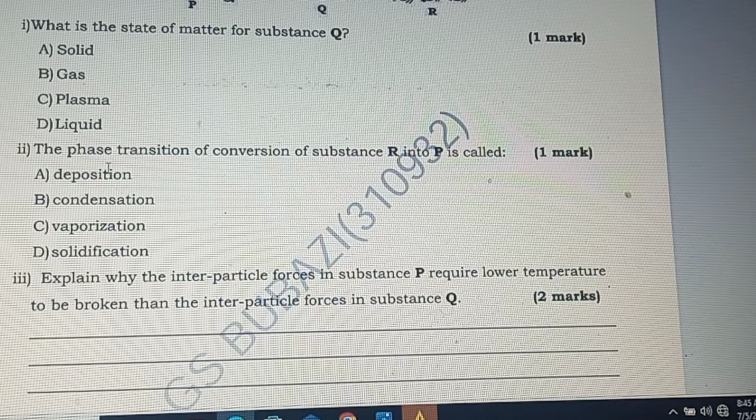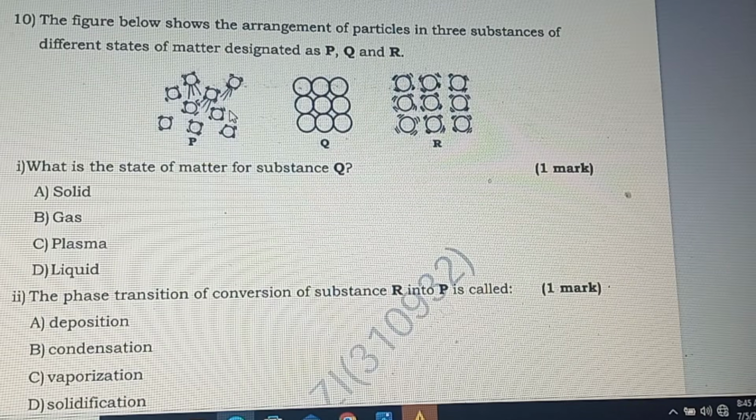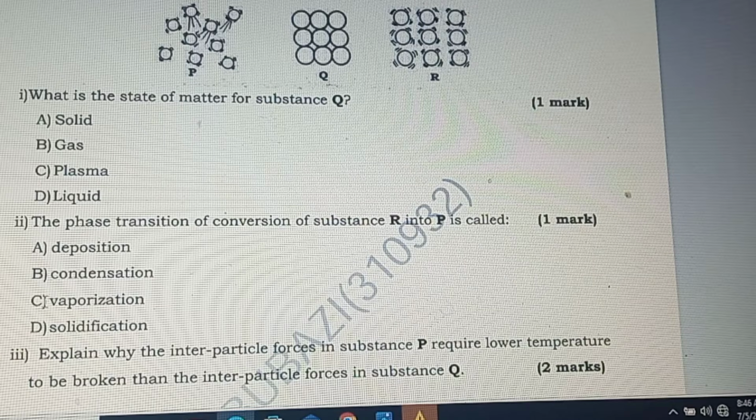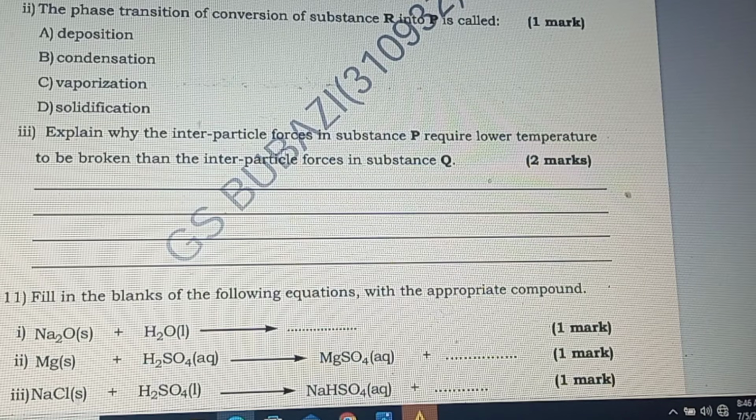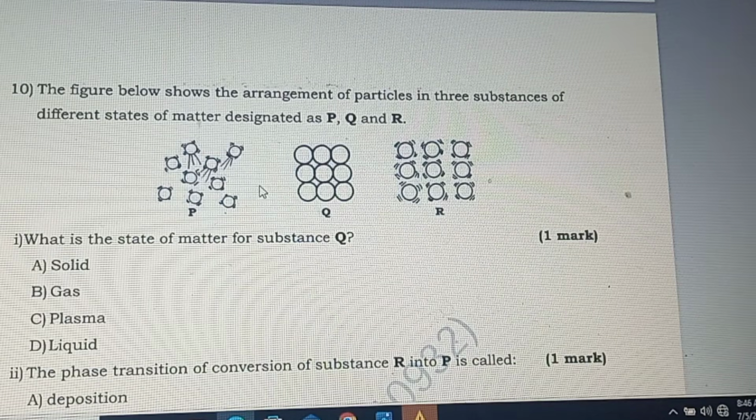Part 2: the transition of conversion of substance R into P. R into P means that liquid changes into gas, so the correct option is C, evaporation. Part 3: explain why the interparticle force in substance P requires a lower temperature to be broken down than the interparticle force in substance Q. P is a gas and Q is a solid.